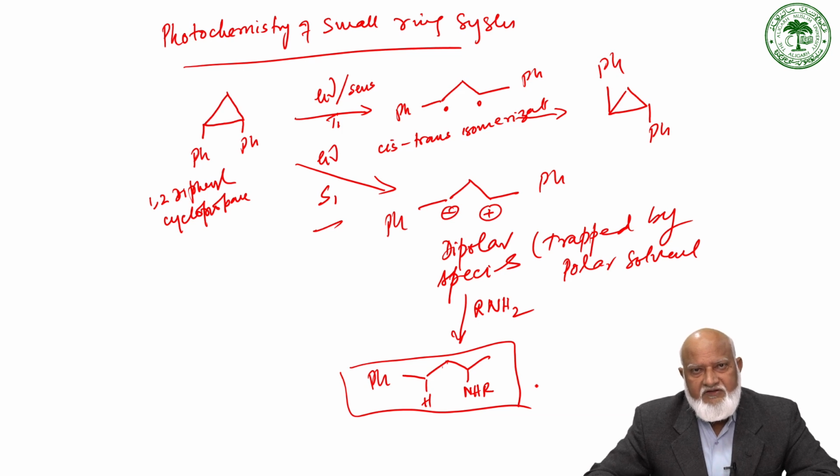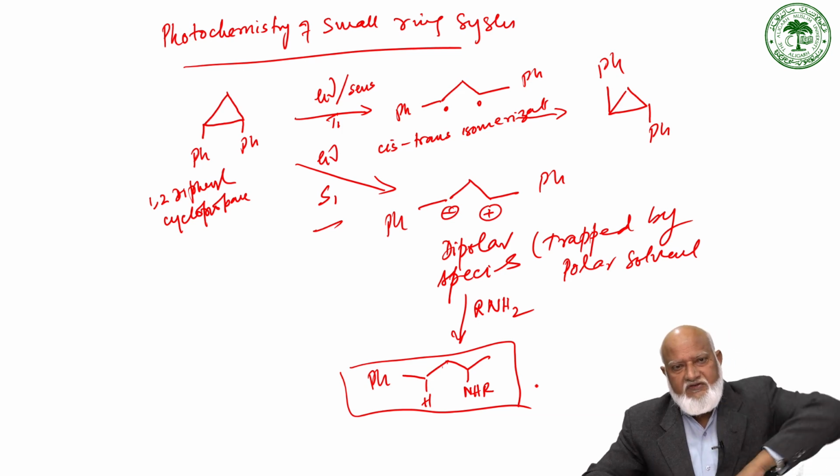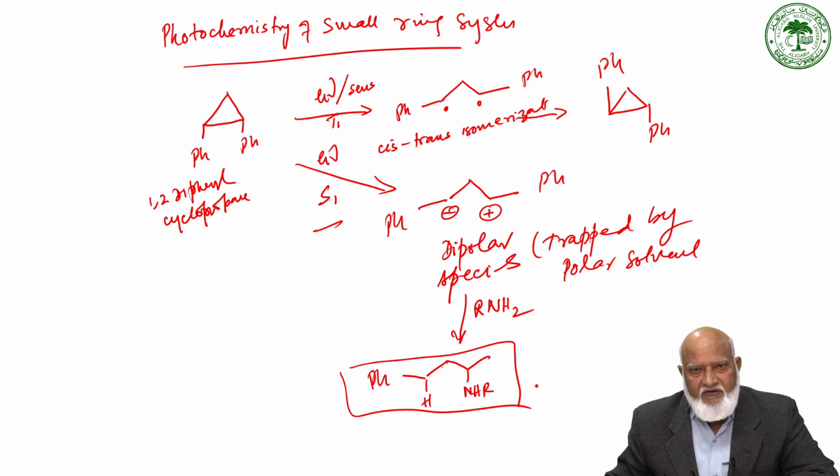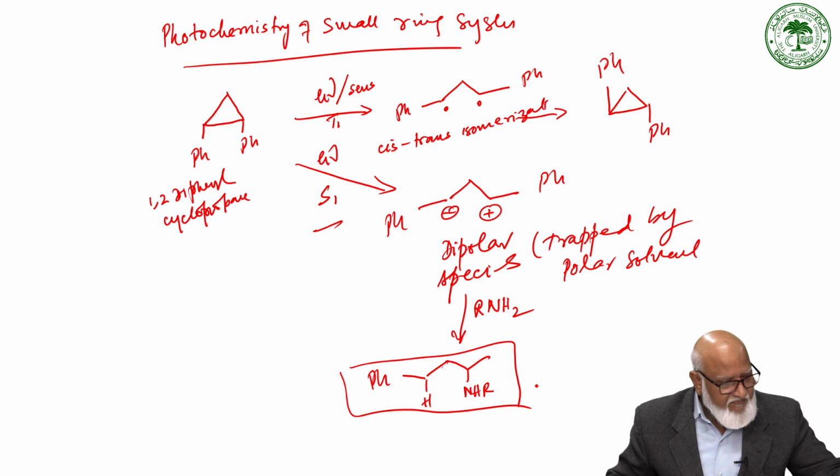On the other hand, sensitized photolysis of this 1,2-diphenyl cyclopropane proceeds via diradical species, which may lead to cis-trans isomerization.